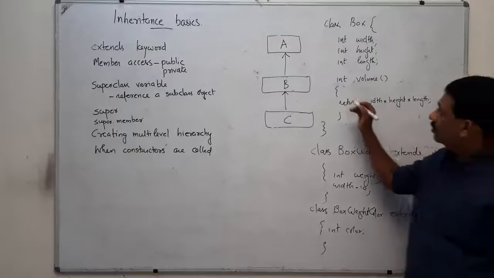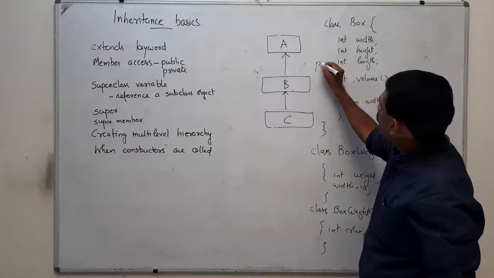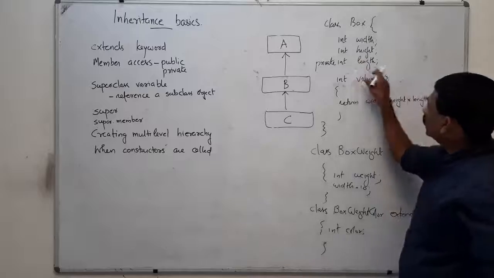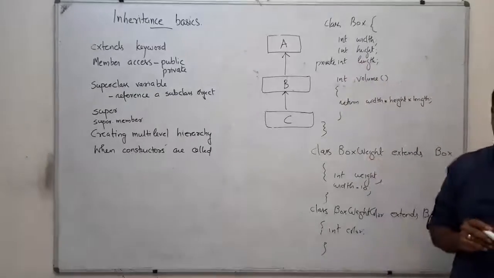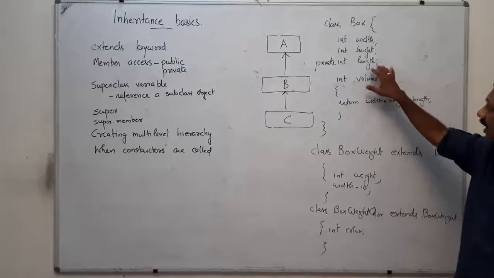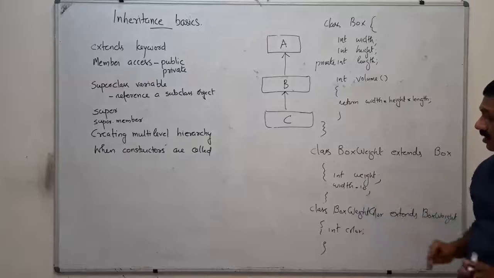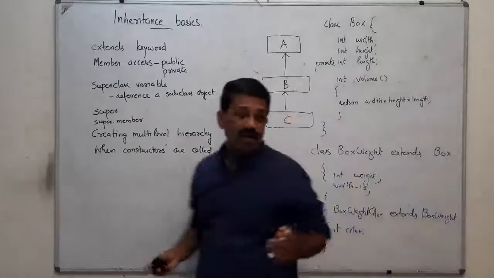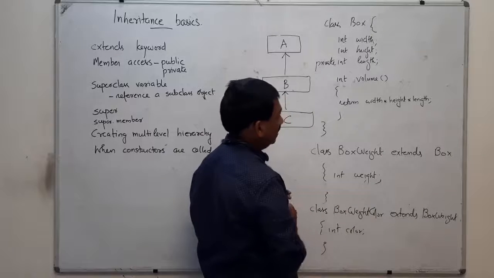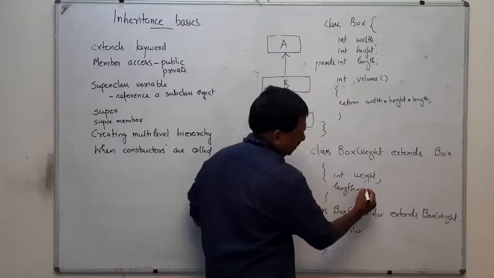Suppose that you are defining this as a private variable. Length only I am going to declare as private. In this case, this length cannot be accessed here. Suppose that in the subclass you have a statement like length is equal to 20.